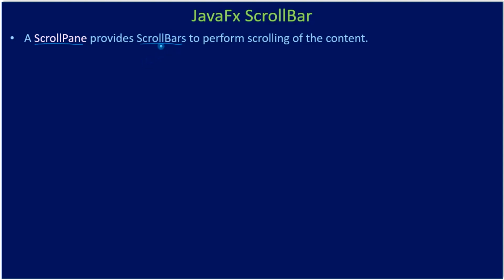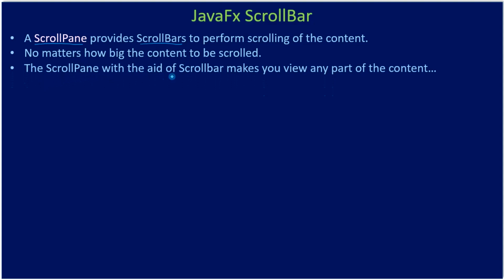So since the scroll bar produces values uniformly, you can use the scroll bar to scroll the document content. No matter how big the content to be scrolled, the ScrollPane with the aid of scroll bar makes you view any part of the content.